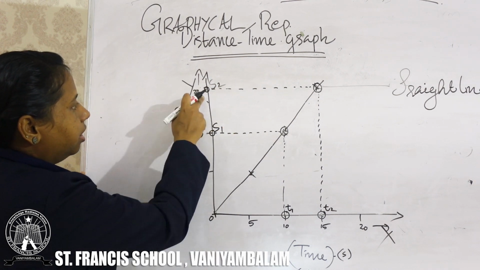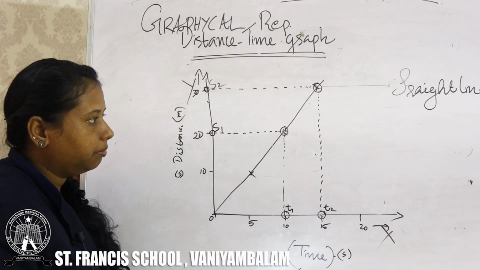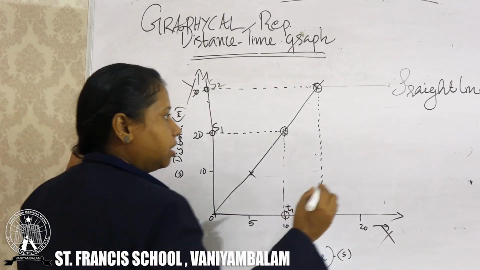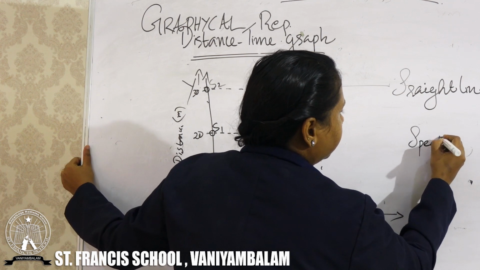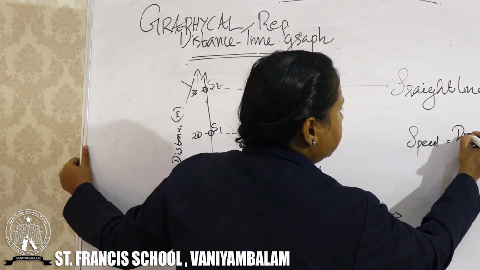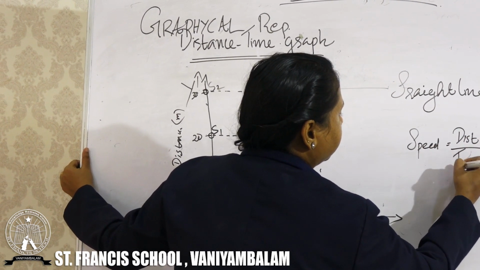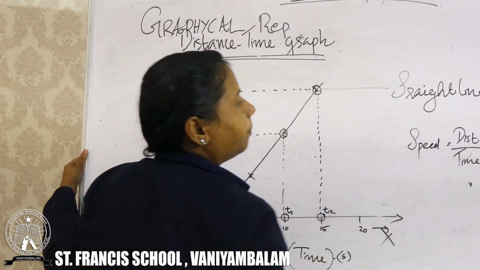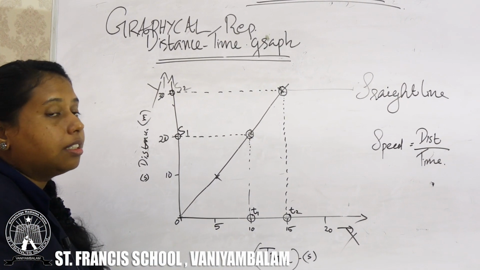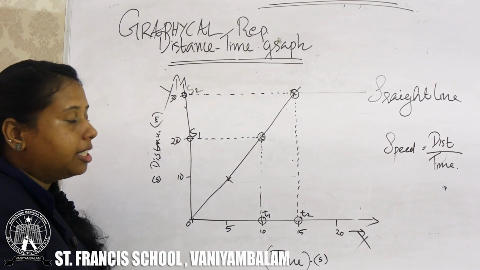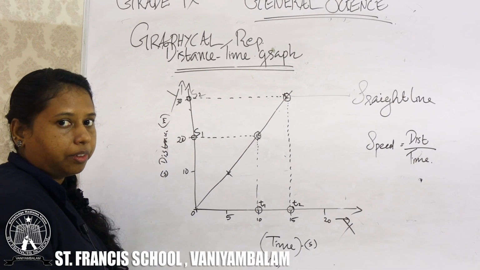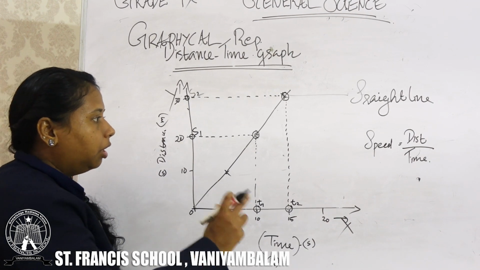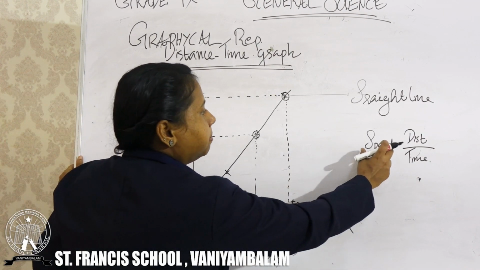And you know the equation: speed is equal to distance by time. Now we are going to find out the speed.